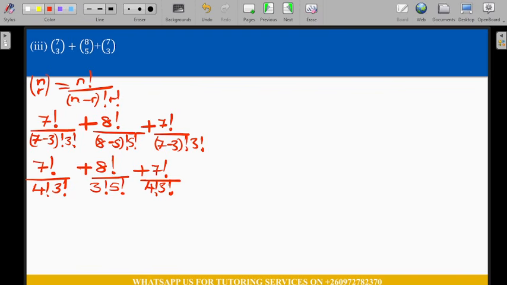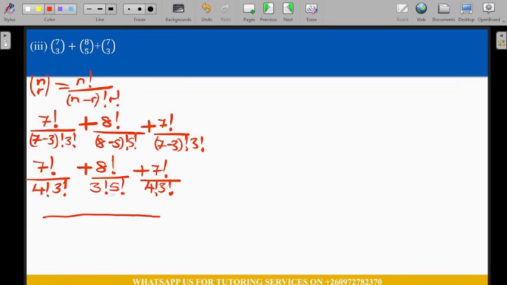So now once we reach here, we find the common denominator, like I said. So here, as you are getting the common denominator, it's the same concept. So on top, since we have 3 numbers, that is 7 factorial, 8 factorial, and 7 factorial. So these are our numerators.